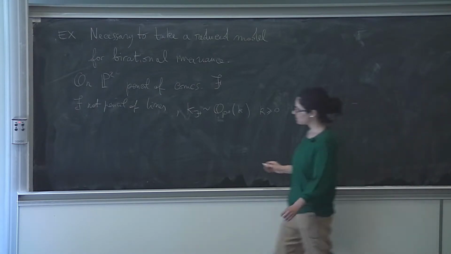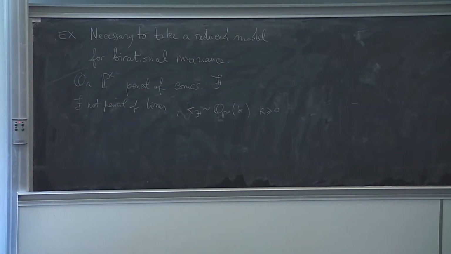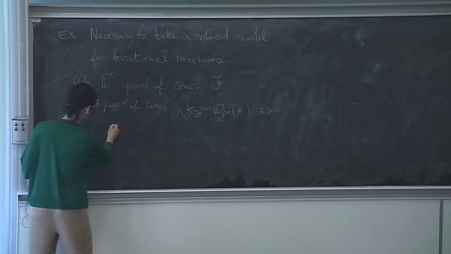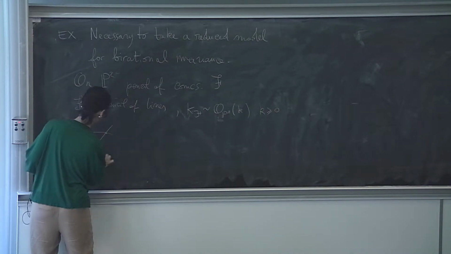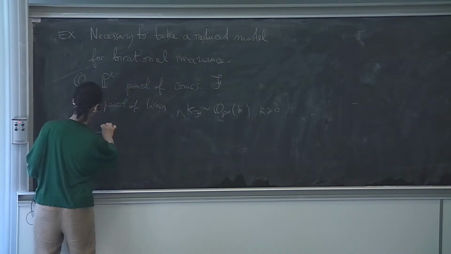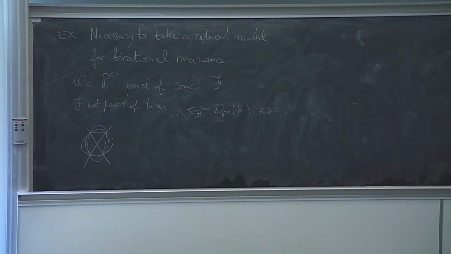But then we consider the definition of the singularities of F. So what is a pencil of lines? Sorry, what is a pencil of conics? We fix 4 points and then we take all the conics through the 4 points.